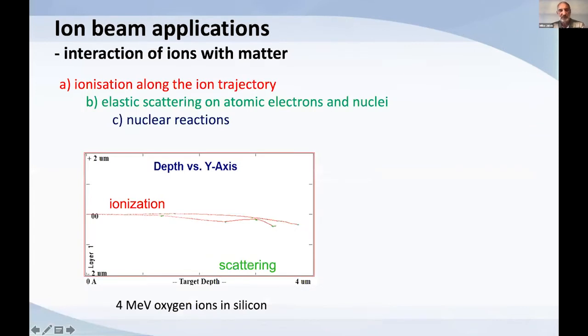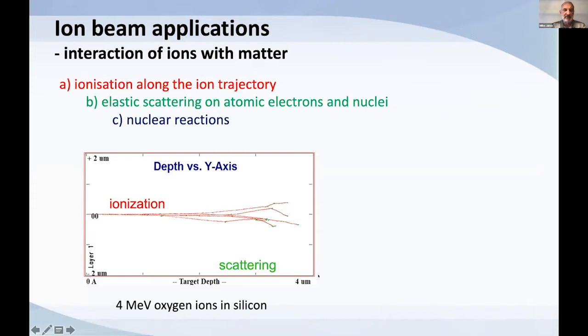So the basis of ion beam analysis is the trajectory, the passage of ions through material. So what happens when a fast proton, for instance, or an ion, like this picture of an oxygen ion in silicon, is going through? As you can see, the ion more or less maintains its direction, and all these small red points are actually individual ionizations. By each individual ionization, the ion is losing energy and creating some effects in the material.